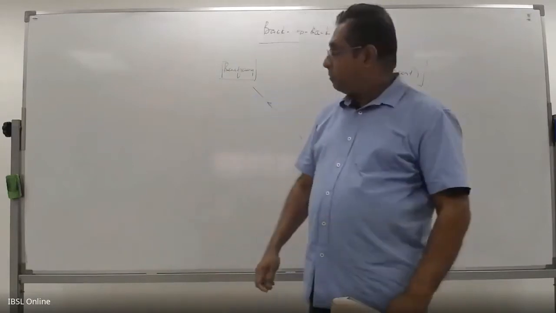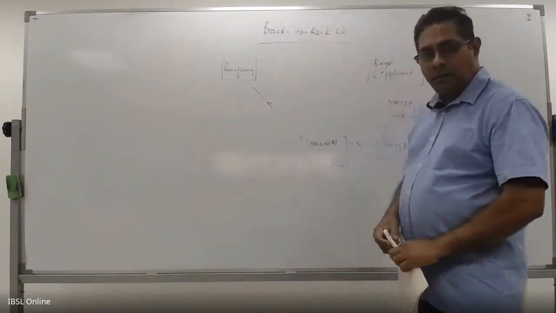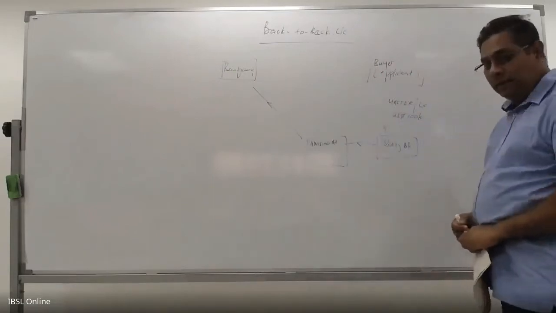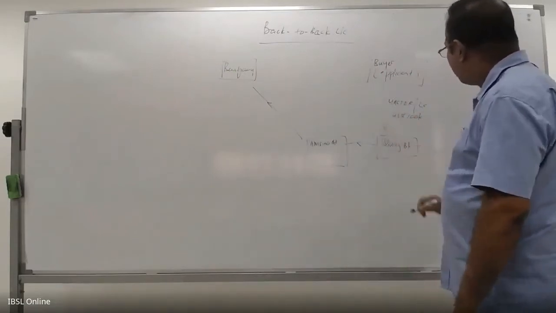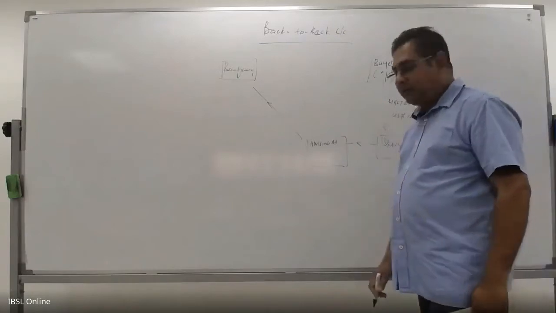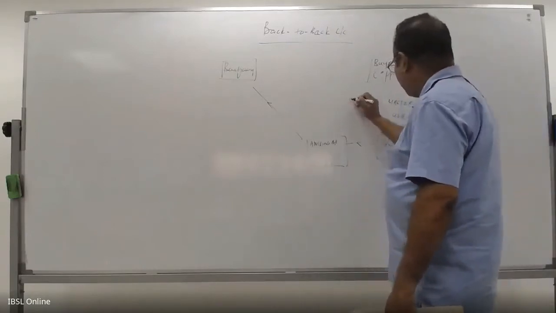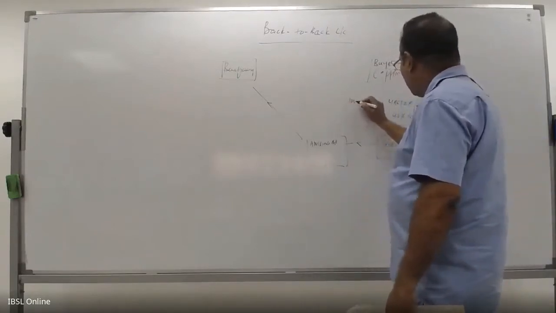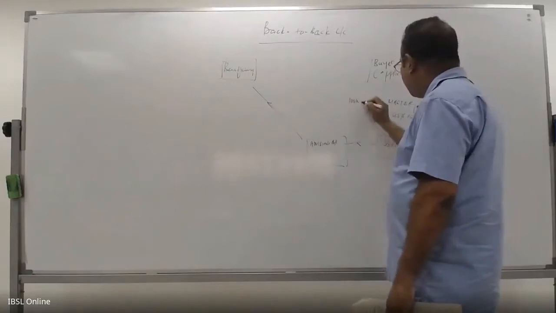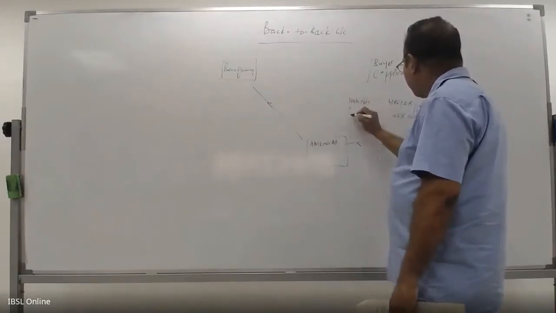But the only thing is, we'll put an item also so that we could understand properly. We'll say $100,000 worth of LC for 100,000 numbers of shirts.